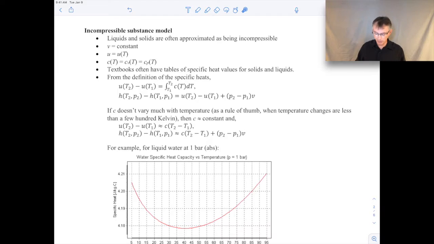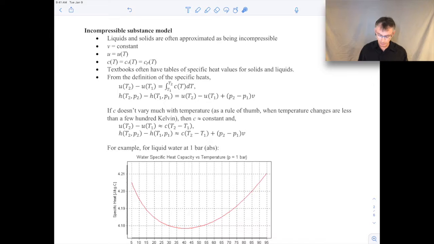So again, referring to the incompressible substance model, I've just summarized a lot of the details of that model here on the page. So liquids and solids are often approximated as being incompressible. What that means is that the specific volume remains constant, and the specific internal energy is a function only of temperature. In general, it would be a function of temperature and pressure, or two properties. But here it's just a function of temperature.